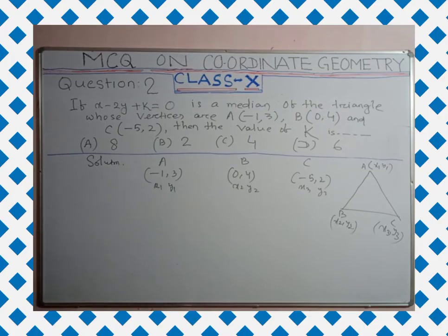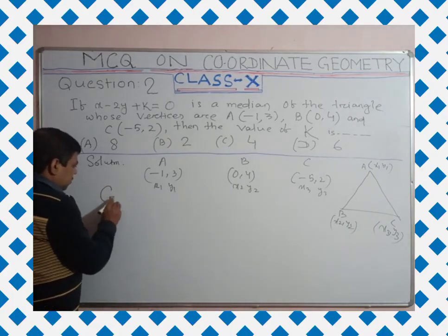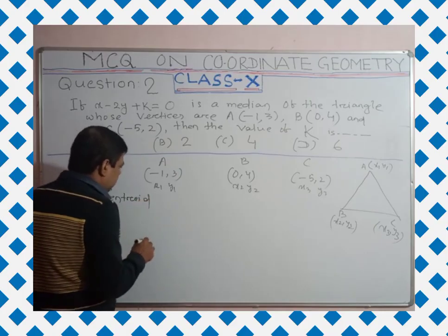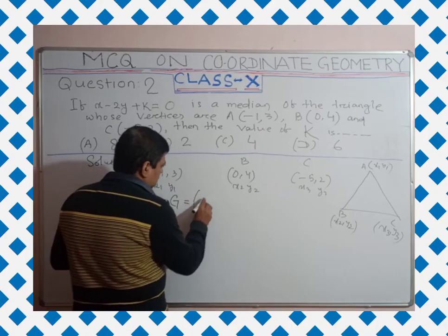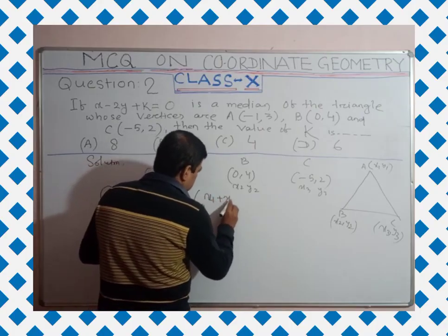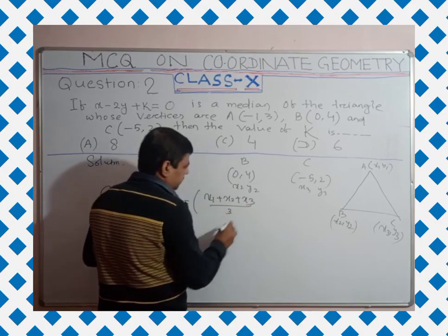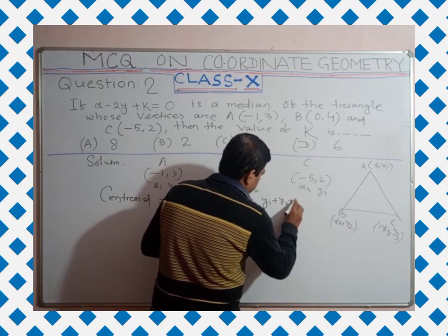So what is the centroid of the triangle? According to the formula, the centroid is denoted by capital letter G, whose formula is x1 plus x2 plus x3 upon 3 and y1 plus y2 plus y3 upon 3.